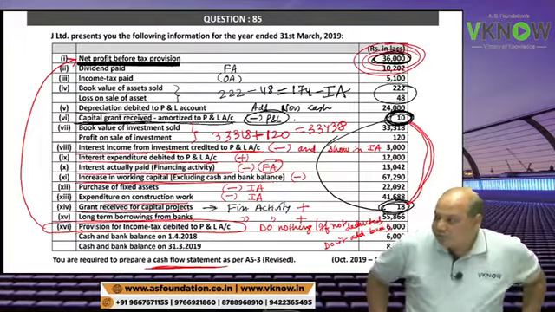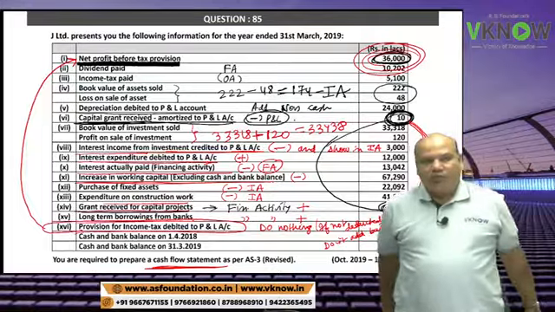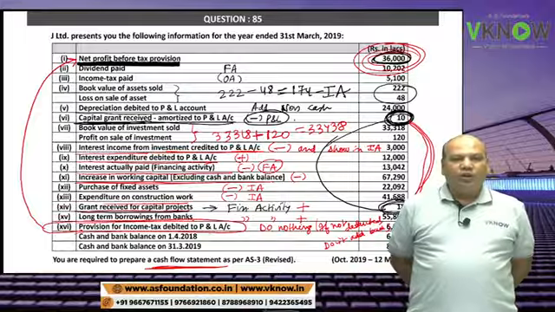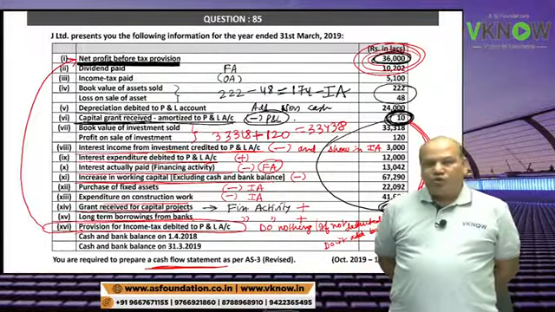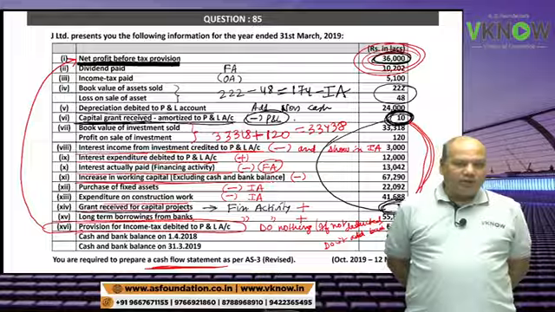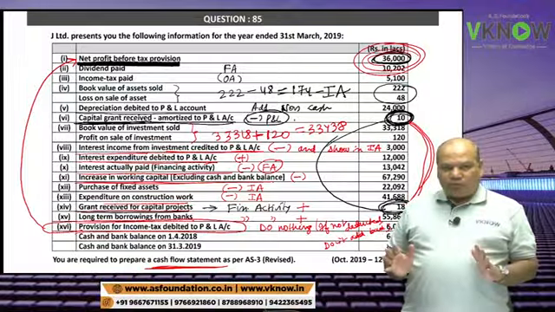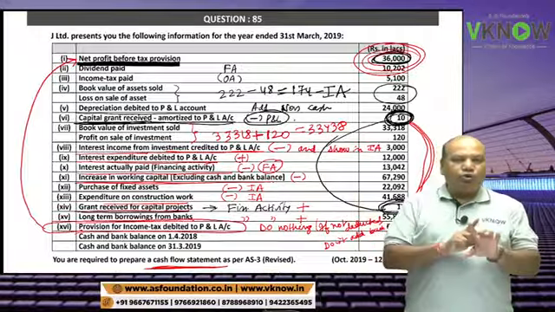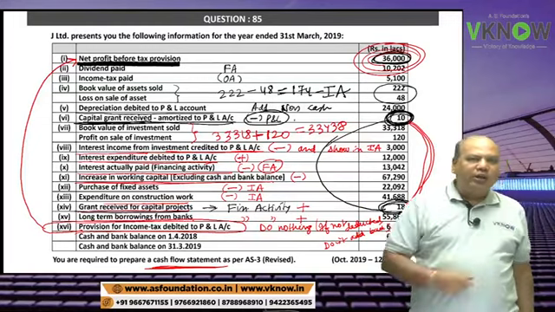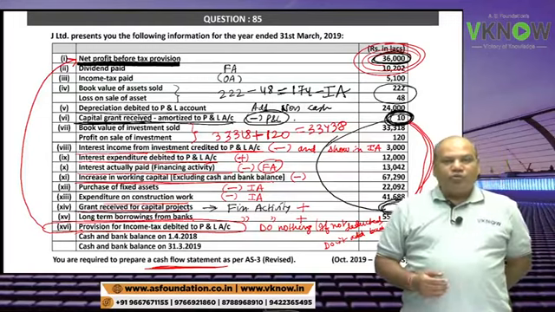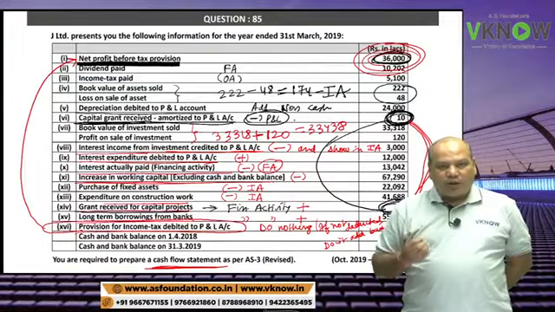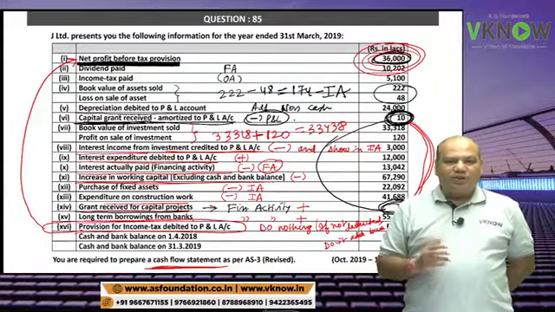Listen to me carefully. When you read this problem till the end, it is not mentioned whether this question is to be solved under direct method or indirect method. But if I look at this question, you cannot solve it under direct method. Why? Because for direct method, I need to find out collection from debtors, payment to creditors, payment of expenses.